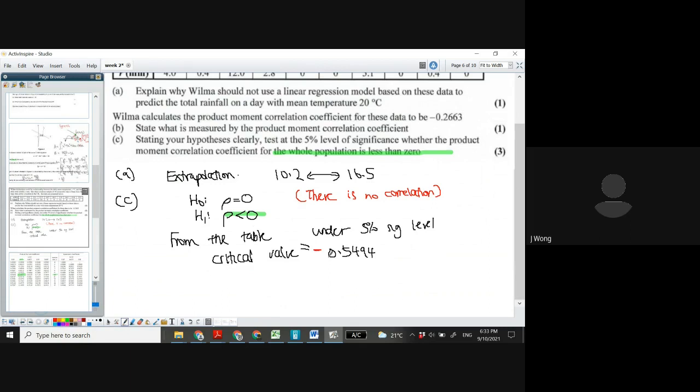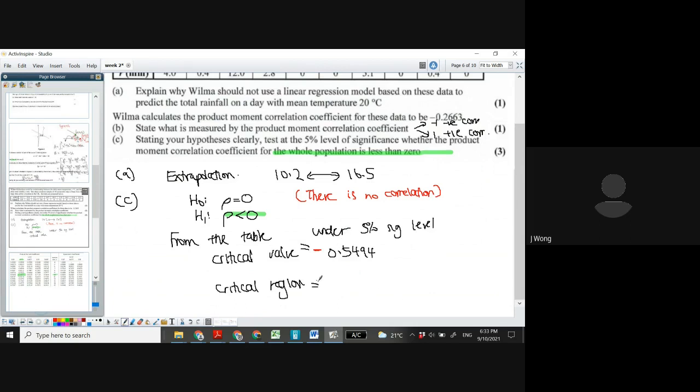And in order to use it to construct the critical region, we recall that the perfect score for PMCC is -1 for negative correlation and 1 for positive correlation. So in order to construct a critical region here, I want the scores which are better than that in order to have negative correlation.